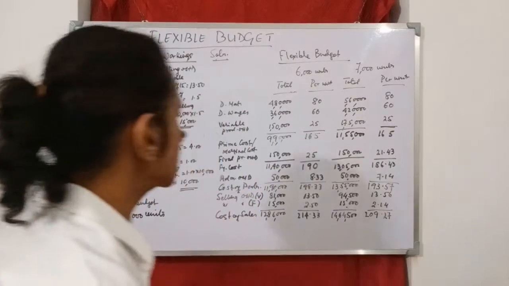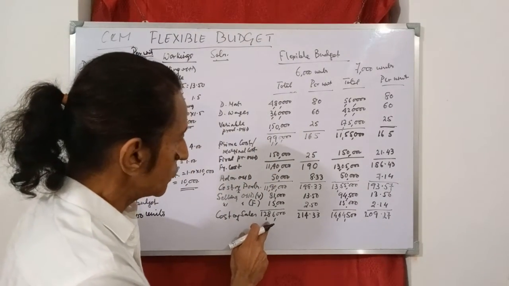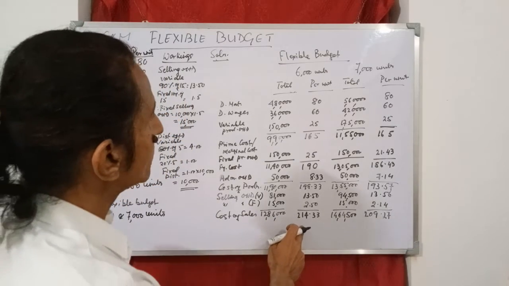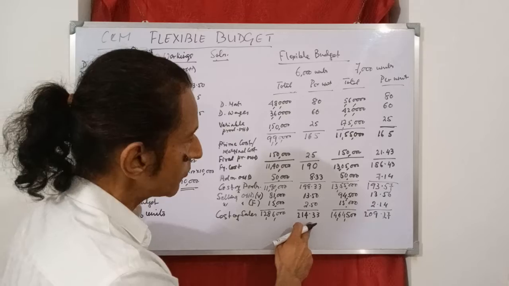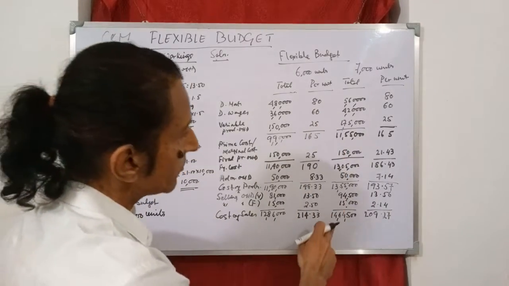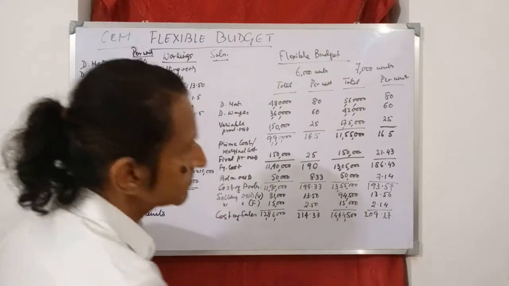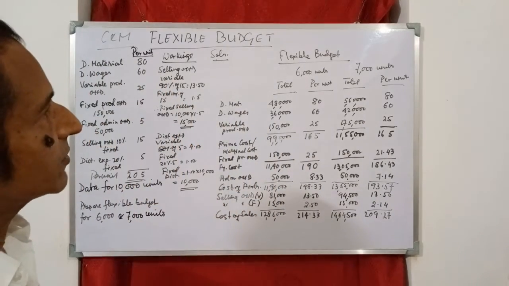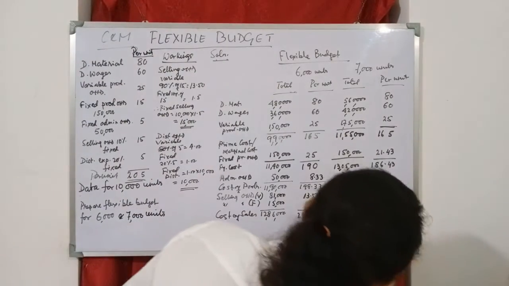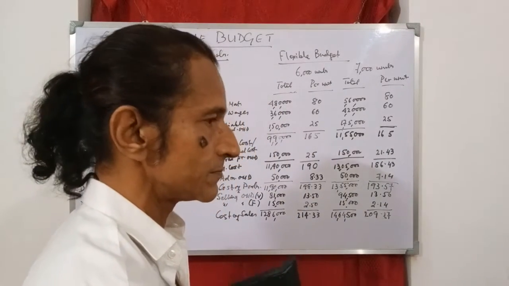So total cost of sales for 6,000 units is 1,286,000, and the per unit cost of sales is 214.33. The total cost of sales for 7,000 units is 1,464,500, and the per unit cost is 209.27.